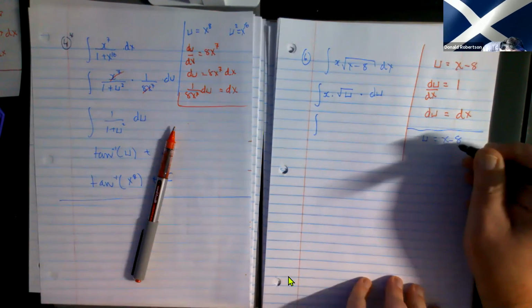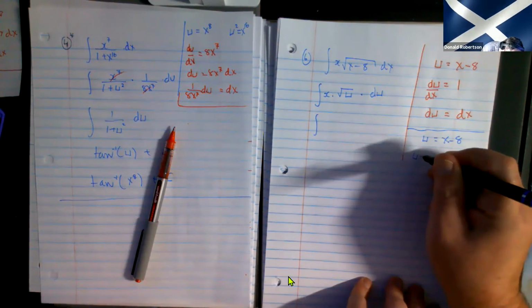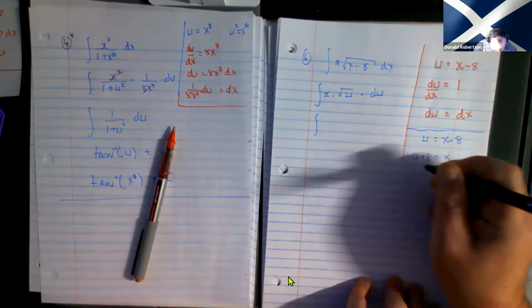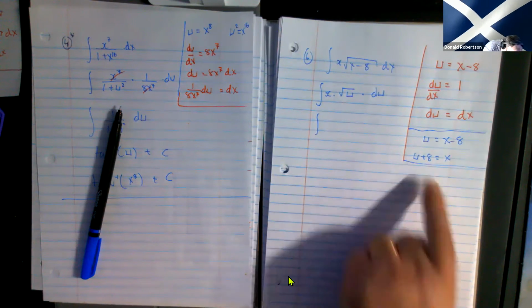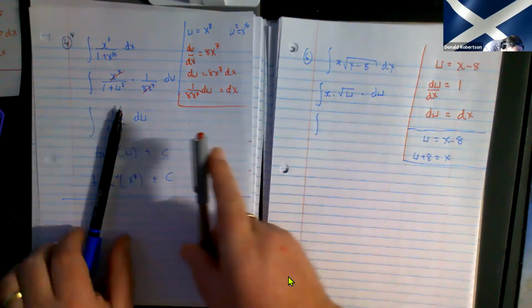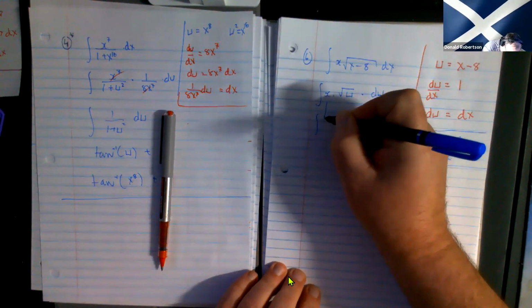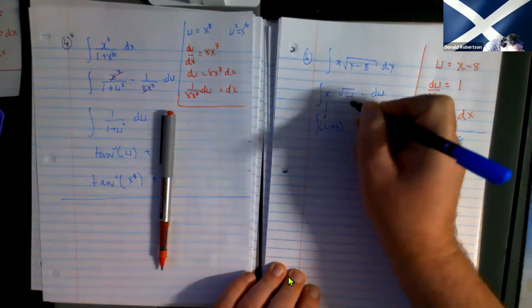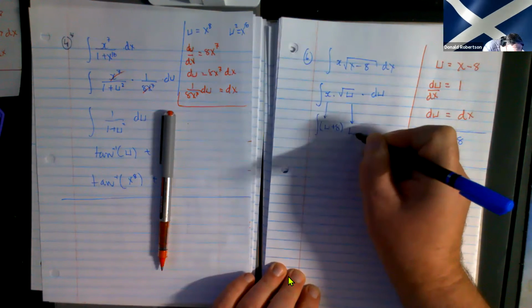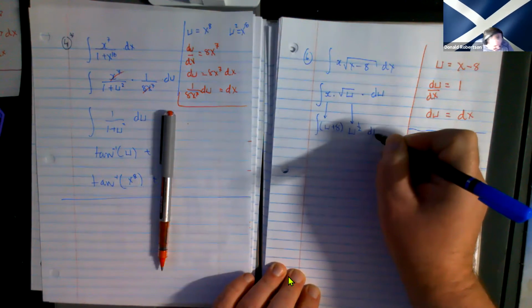We're going to take this guy and rearranging it, we can now get x in terms of u. I hope that's what you meant. And so this x becomes u add 8, and this square root becomes u to the half du.